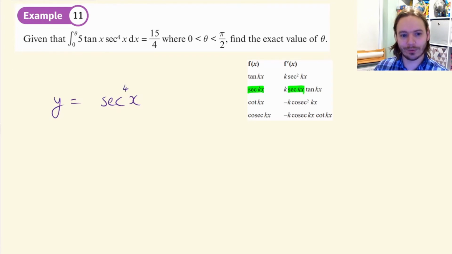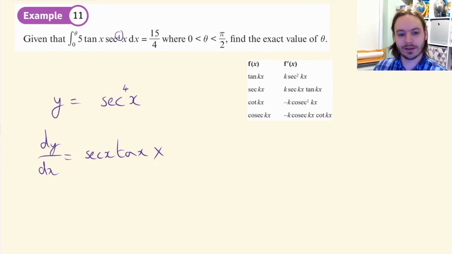I need the power to actually match in this instance, because I get a sec back again when I differentiate. So dy by dx is going to be the derivative of sec, which is going to be sec x tan x, multiplied by 4 lots of sec x cubed.